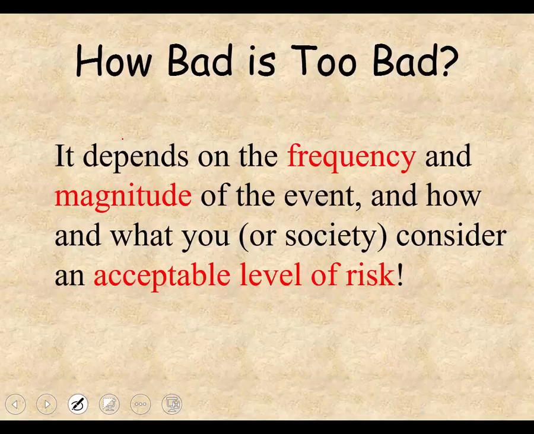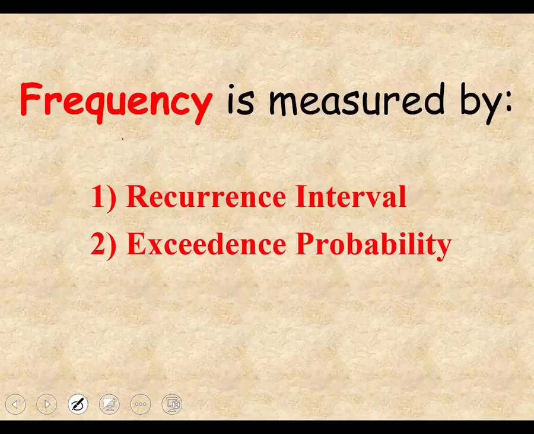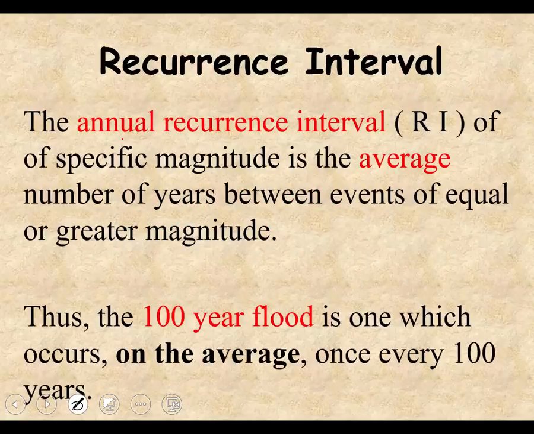But we cannot make decisions about acceptable level of risk until we understand what our choices are. So we need to know not only how bad is the flooding, but how frequent is the flooding. And so for that, we're going to use recurrence interval and exceedance probability. The same concepts we did with earthquakes and with volcanoes. Okay.